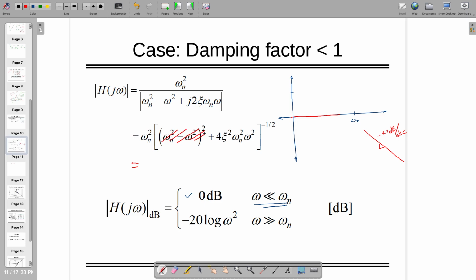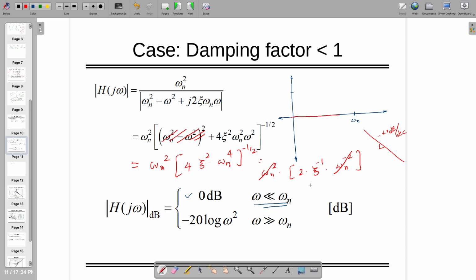This is 0. 2 zeta times, let's make it 4 zeta square times omega n raised to 4, raised to 1 by 2, is equal to omega n square times 2 zeta, omega n raised to minus 2.